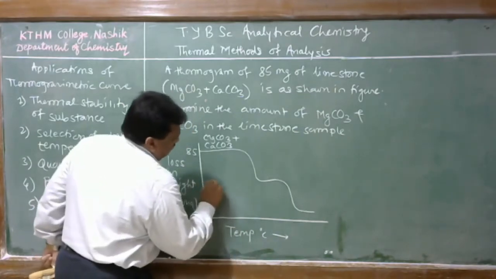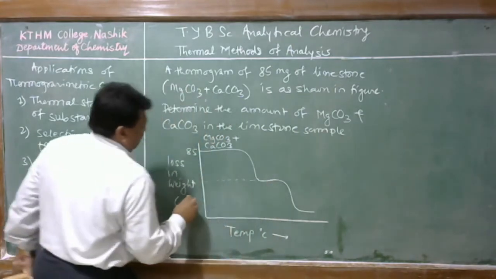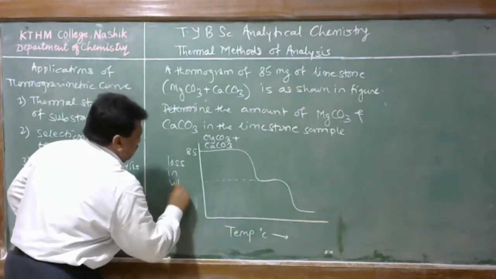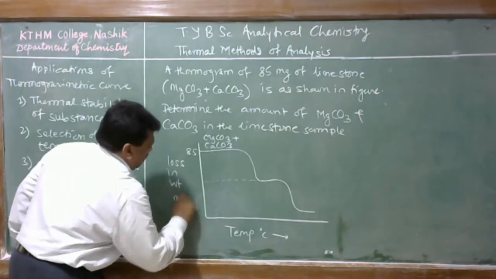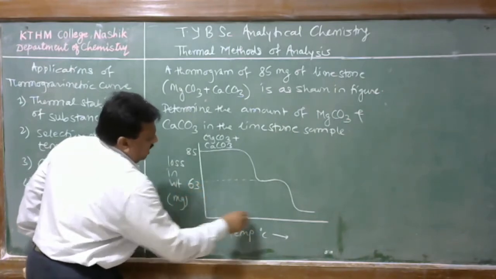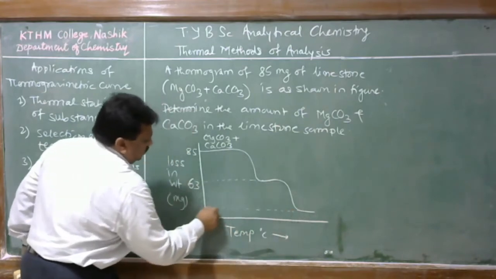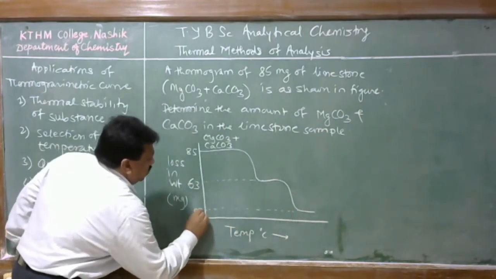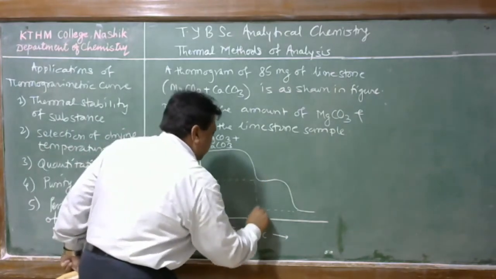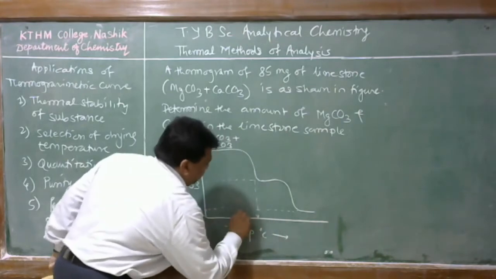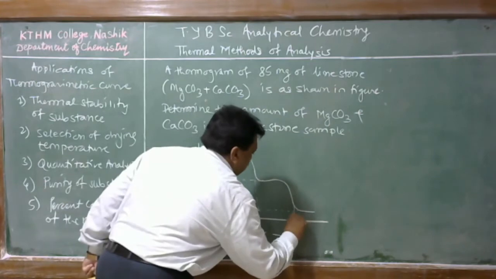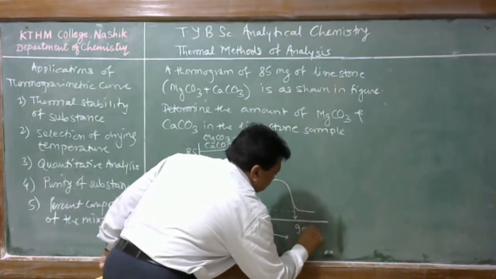This weight decreases to 63 milligram, and at this stage it decreases to 52 milligram. The first step of decomposition is at a temperature of 500 degrees centigrade, and the second stage of decomposition is at 900 degrees centigrade.